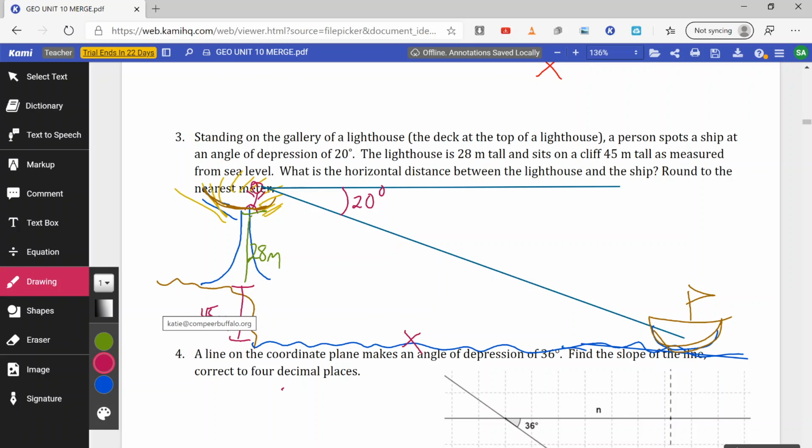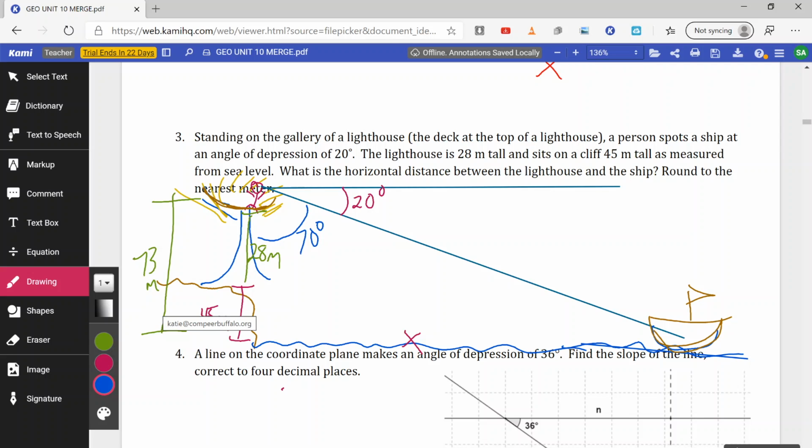So from the top, we have 73 meters from top to bottom. Now, just like in the previous problem, we have a horizontal line, angle of depression 20 degrees, which means the other part created here is a 70 degree angle. So again, it creates a 90 degree angle, that part's 20, so the other part is 70 degrees.